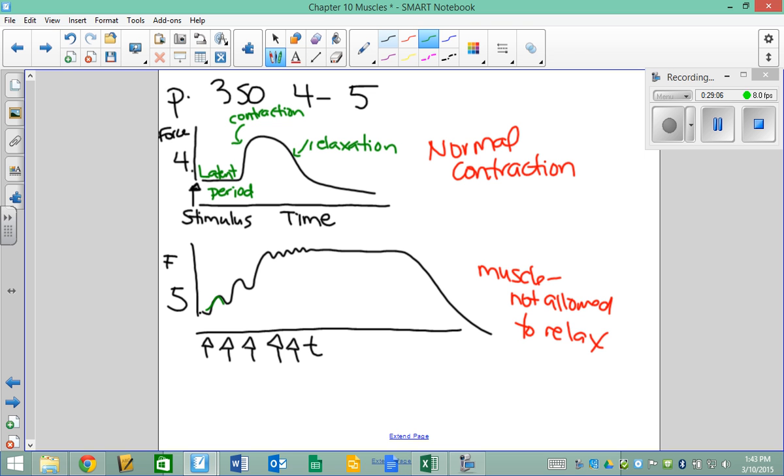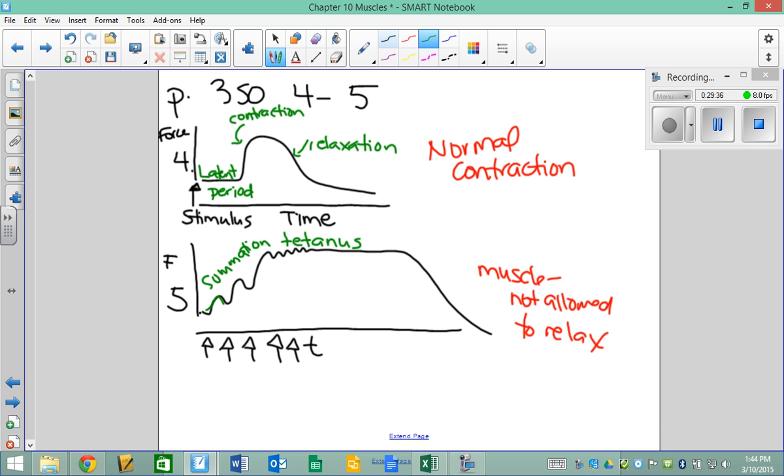And so when you talk about what's going on here, there's a word that you might have heard before, and I'll actually start with it instead of what's first. The word tetanus. Some of you may know that you get a shot for tetanus and you didn't know what it was. Well, here's what tetanus is. It's sustained muscle contraction. The part before tetanus is called summation.